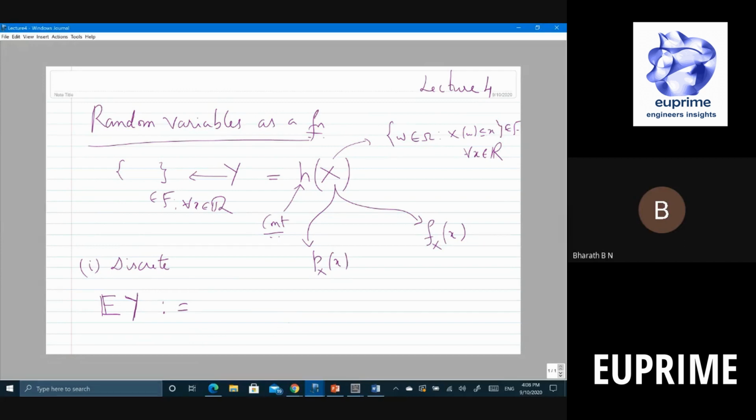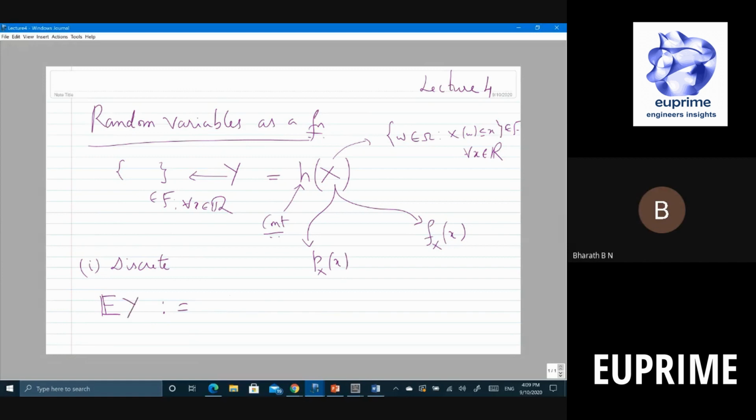But can we not use the PMF of x and do it? In terms of summation or integral? In terms of its expected value of y.